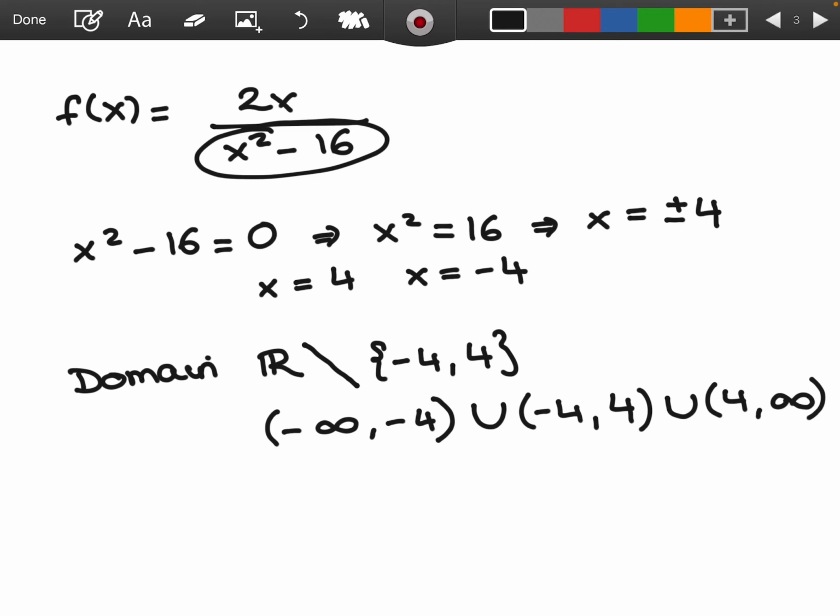So I've taken out the values negative 4 and 4, and it's the union, the rest of the set between negative infinity and infinity. As I said, a couple ways that you could write that. This is probably the simplest way so that you're not having to deal with unions of different sets.